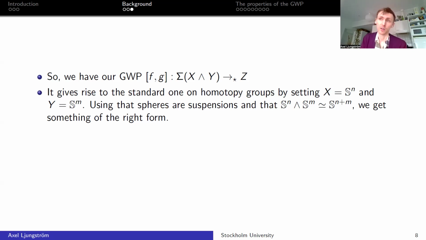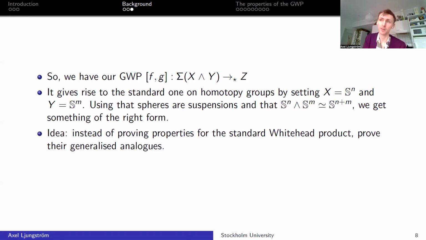So it's a very straightforward generalization of what you want. So why not just forget about the homotopy group version of Whitehead products and just work with the generalized version all the time?